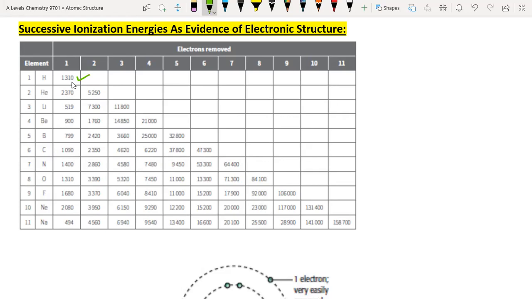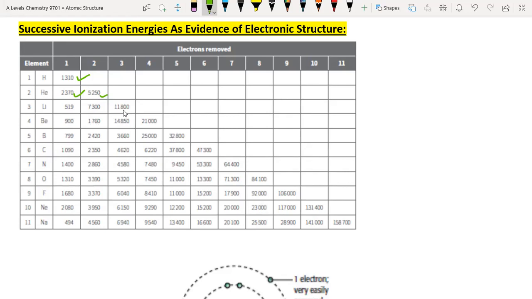Similarly, helium has 2 electrons, so there will be 2 ionization energies for helium. This would be the first ionization energy, which is 2370, and this would be its second ionization energy. As the number of electrons gets more and more, the number of ionization energies also increases. If an atom has 3 electrons surrounding the nucleus, it would have 3 ionization energies.